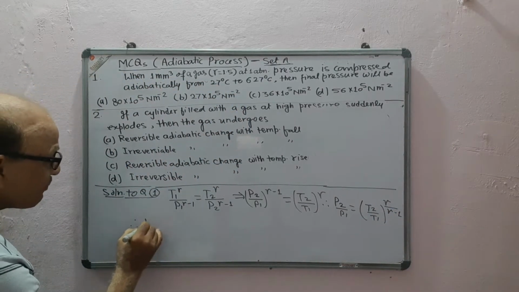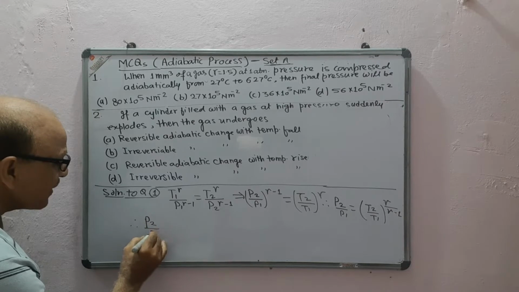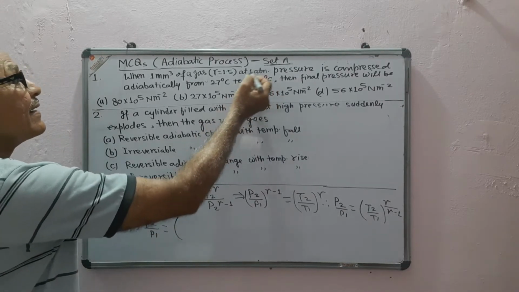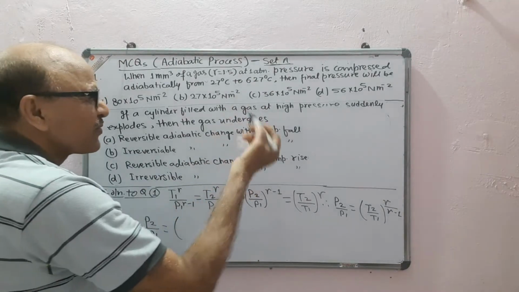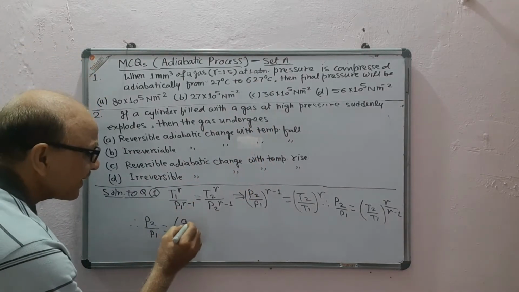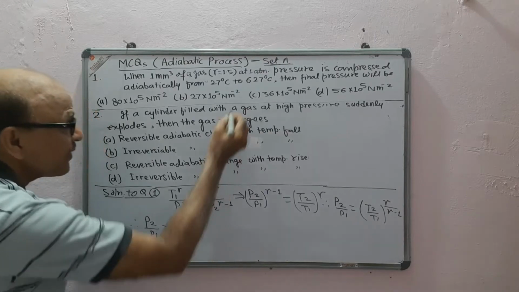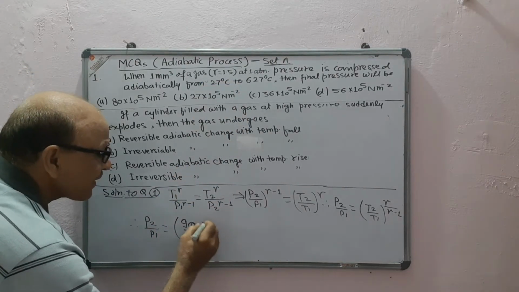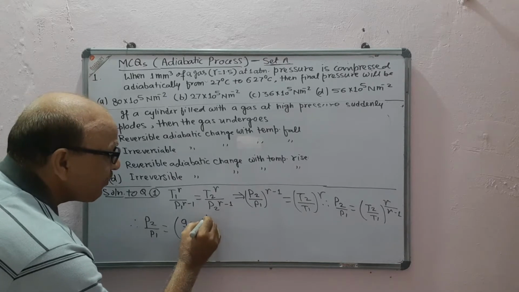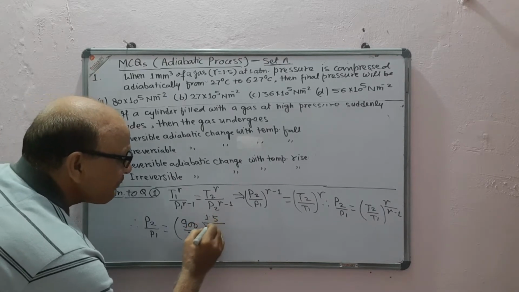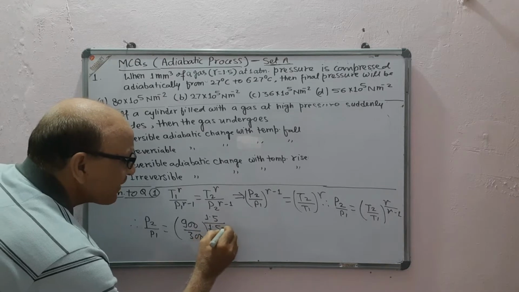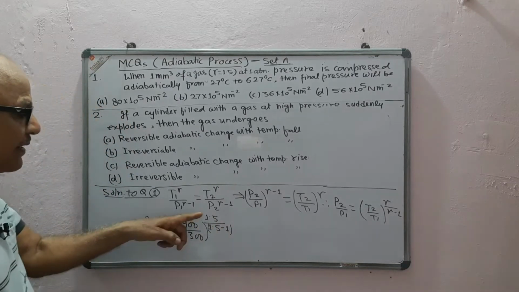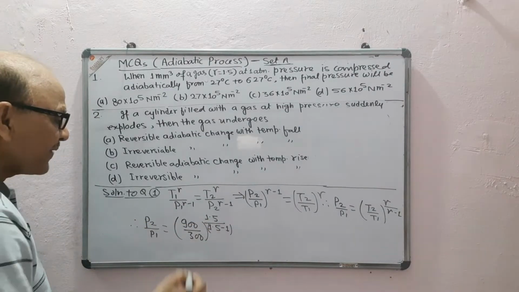So P2 upon P1 will be equal to, T2 is 627 plus 273, 900 Kelvin. Similarly, T1 is 300 Kelvin, power 1.5 upon 1.5 minus 1, means 0.5, 1.5 upon 0.5.